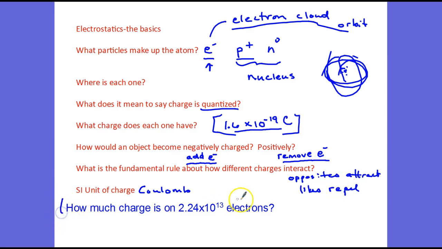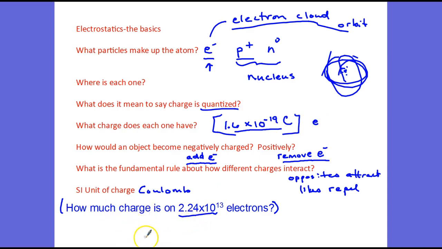You will have to do calculations on the quiz and the test that look like this. How much charge is on 2.24 times 10 to the 13th electrons? Well, if each electron has this much charge, we call that quantity e.